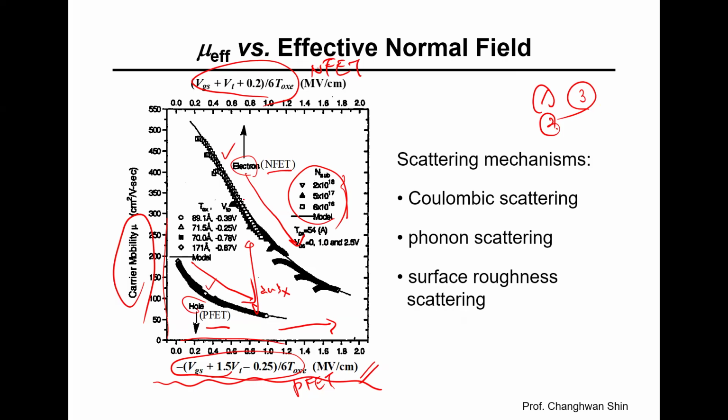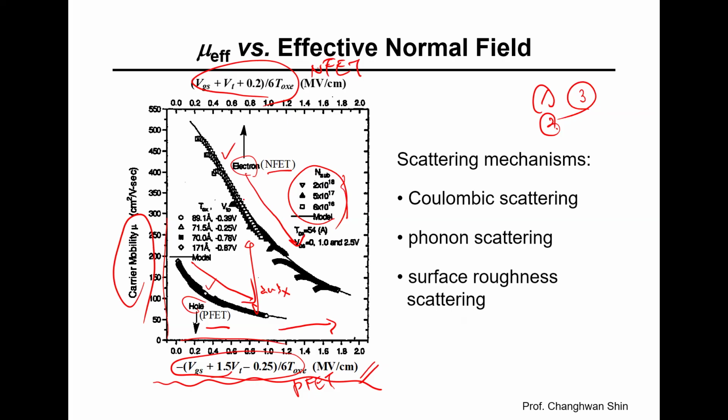Okay, so this is because the doping concentration affects Coulombic scattering effects. So if I'm asking you why the substrate doping concentration affects mobility, which is more pronounced at lower electric field, then the answer is the doping concentration affects Coulombic scattering effects.